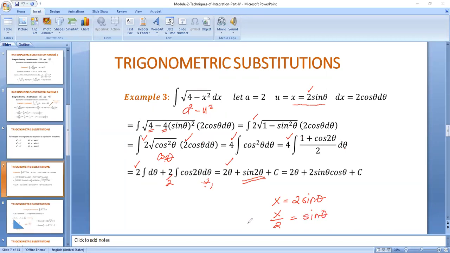What is sine? Isn't it opposite over the adjacent side? Opposite over the hypotenuse. So then that's the corresponding triangle that we're going to draw. I'll show to you the process in the next slide.